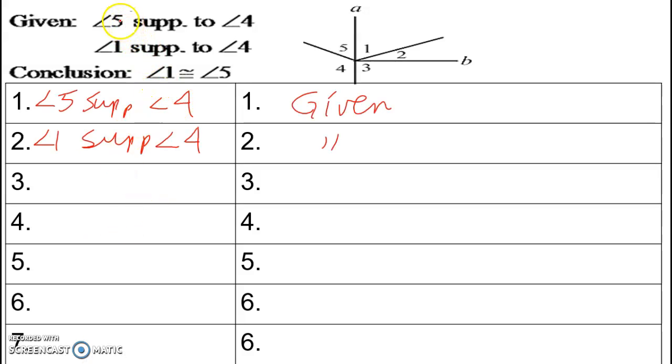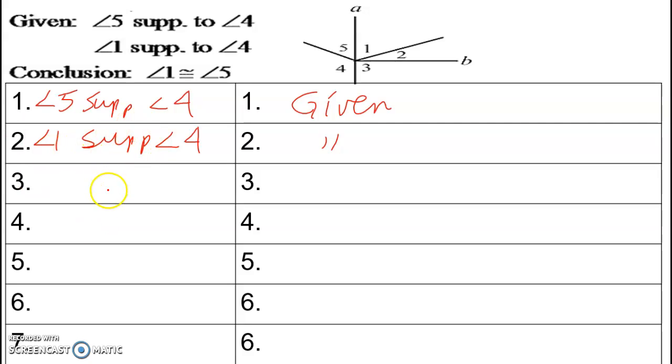Okay, so here we're given that angle 5 is supplementary to angle 4, and angle 1 is supplementary to angle 4 also. So we're going to prove that theorem the long way first, before we can use it. Prove the congruent supplement theorem, because that applies to the congruent complement theorem also.